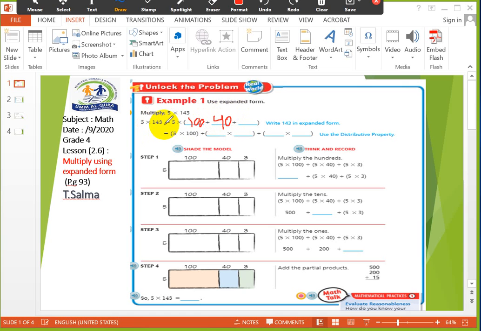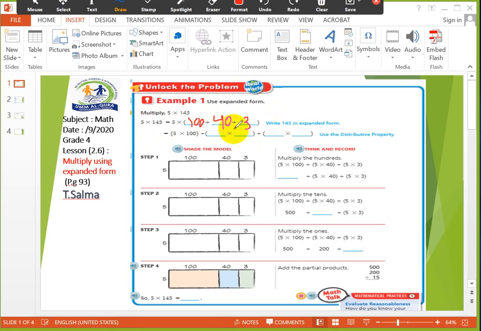Now look, 3 in the ones digit, and I told you the number in the ones digit has a value equal to the same number. That means this will be 3. So what I did here, I wrote the number in the expanded form, according to the position of each number.